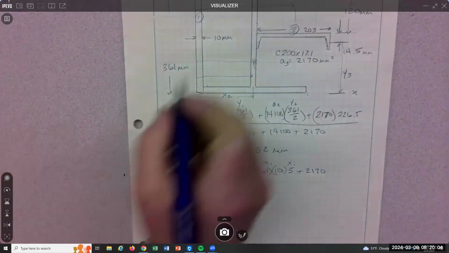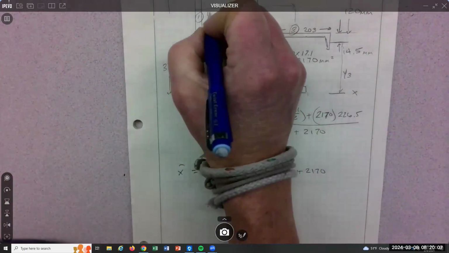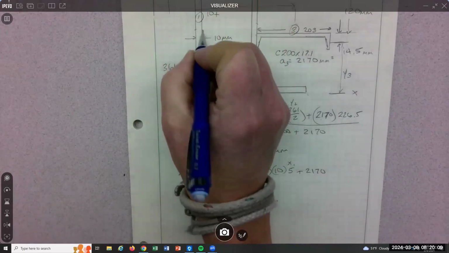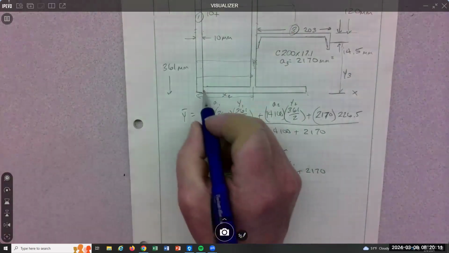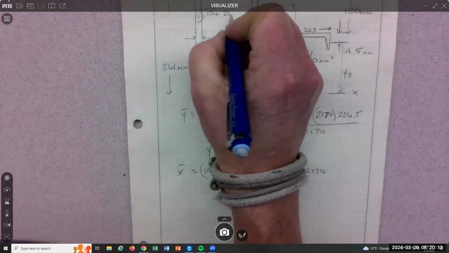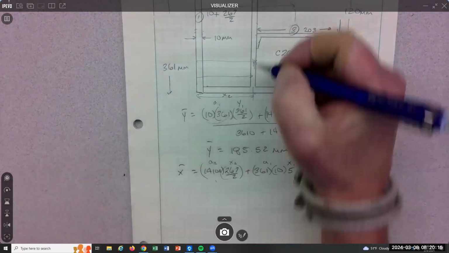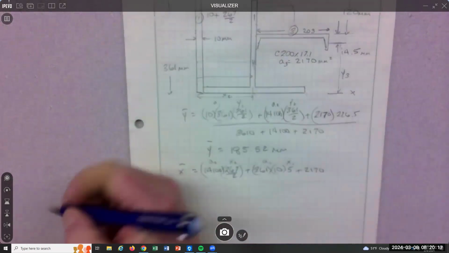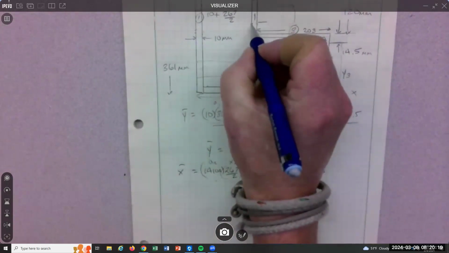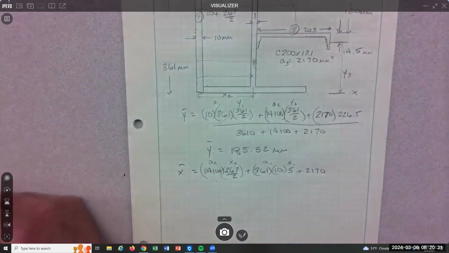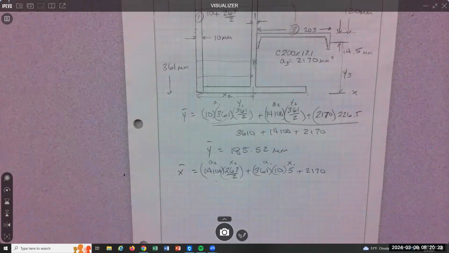So I probably just line them up and say, okay, it's 10 plus, that's this first 10. And then I need half the base, so it's 267 divided by 2. That gets me to here. Now I need half of this flange or web, which is, that's a 360 by 110.